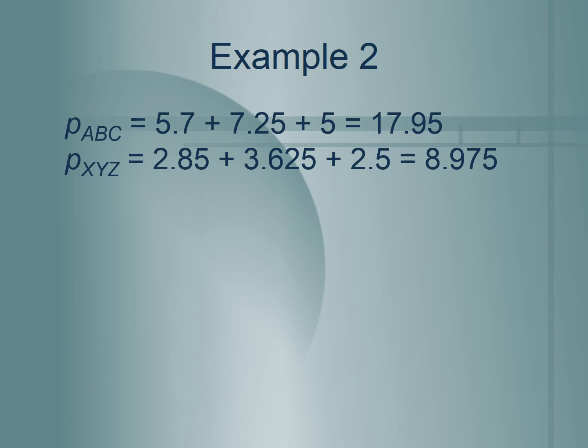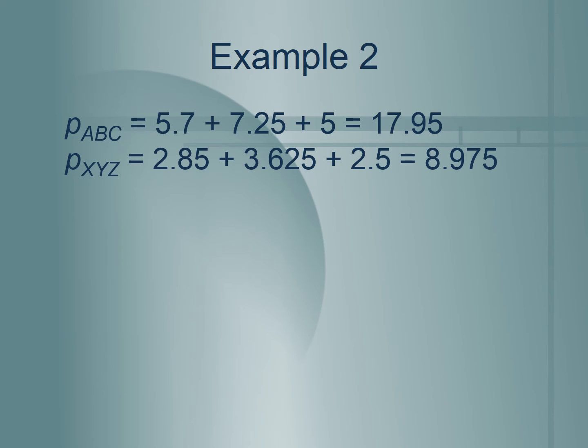Let's say that we want the perimeters of both figures. Well, the perimeter is where we add up all the sides. So if we add up all the sides of AB, BC, and CA, we end up with 17.95. We just calculated those. If we add up the sides of XY, YZ, and ZX, we just calculated those, and that will end up being 8.975.